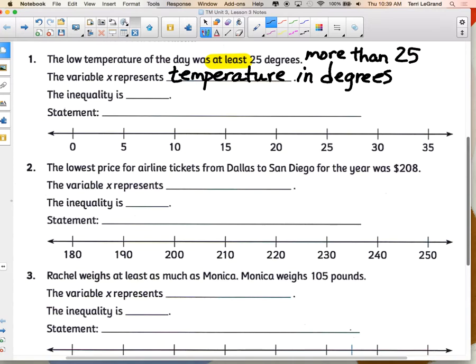Yeah. More than 25 or 25. It can be either, right? So that should help us make our inequality symbol in our statement. So the inequality would read, the temperature in degrees is more than or is 25. So is greater than or is equal to 25.